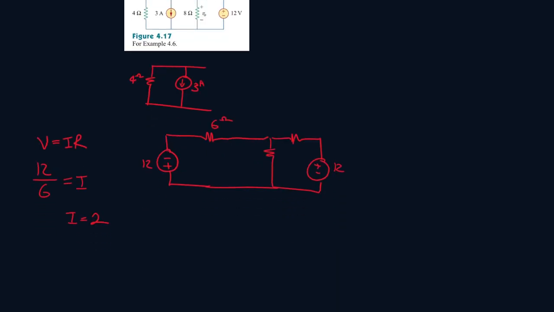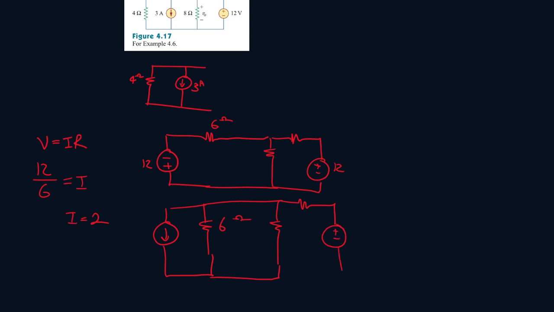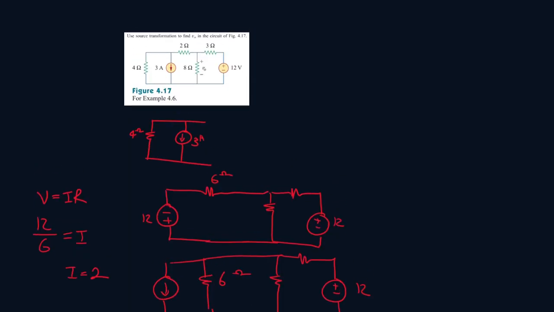So we can rewrite the circuit like this. The direction of current will be downwards because the negative is on the bottom. We have 6 ohms here, 12, and this resistor was 3.